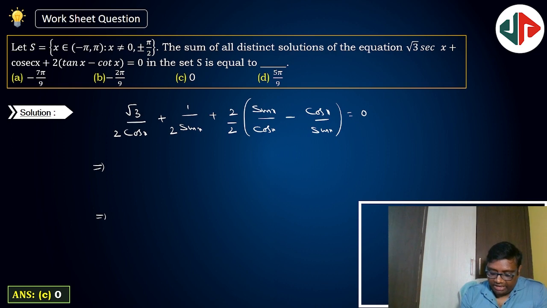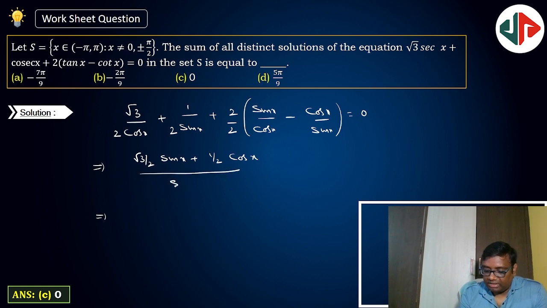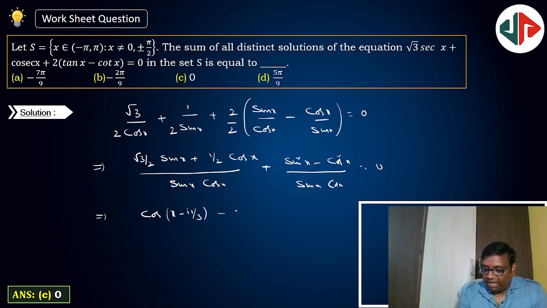We can rewrite this value as root 3 by 2 times sin x plus 1 by 2 times cos x by sin x into cos x, and this is sin square x minus cos square x by sin x into cos x is equal to 0. So it has become cos of x minus pi by 3 minus cos 2x is equal to 0.